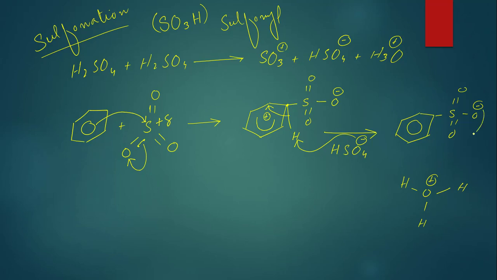So this oxygen will extract this hydrogen, and both electrons will move to this, we will get this water, and we will get our final product, that is benzene sulfonic acid. So this is our product. We have successfully introduced the SO3H group in the benzene ring.